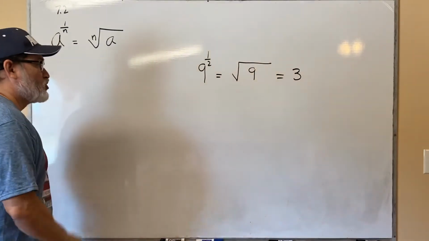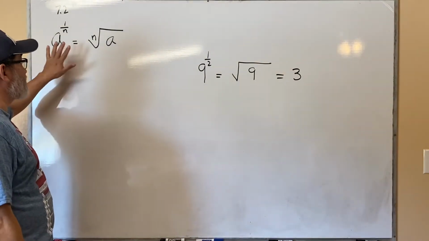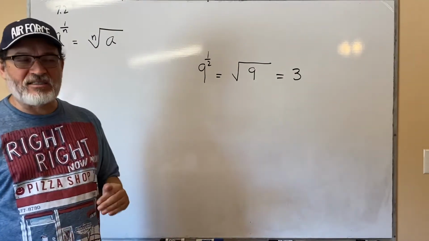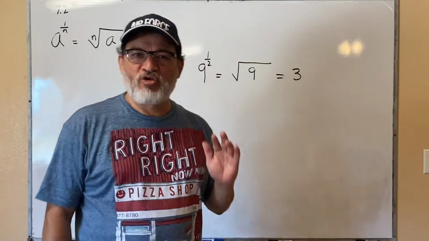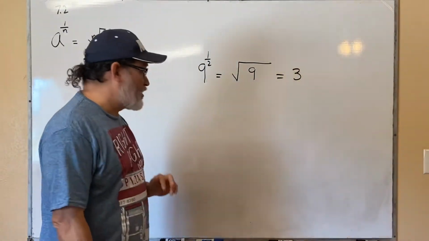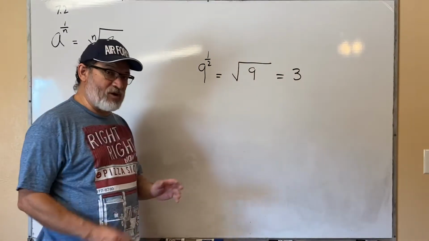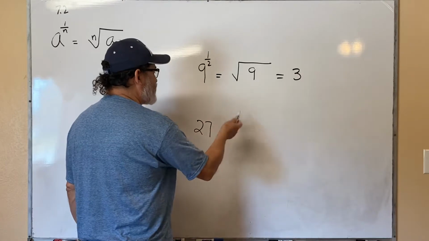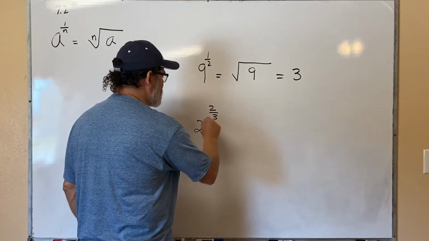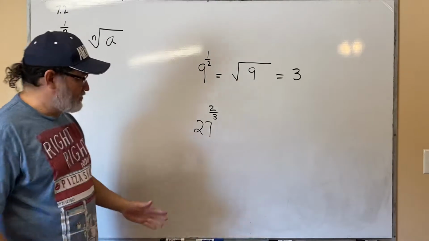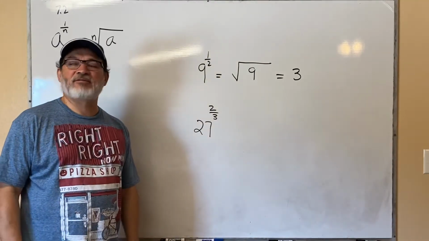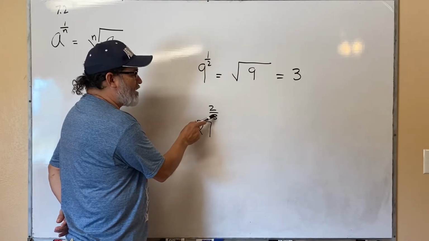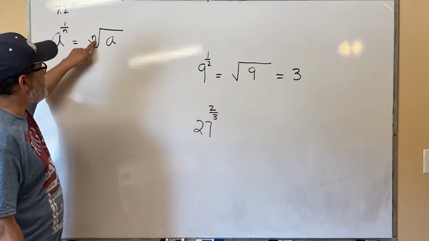So this is a good property because it allows us to work with rational exponents. Here's another one. Consider 27 raised to the 2/3. You see this denominator? This denominator becomes the index.